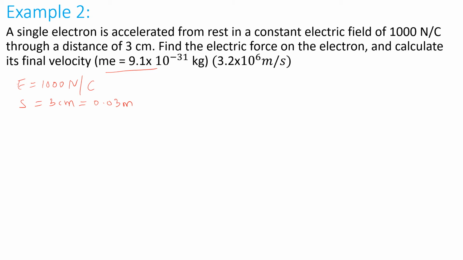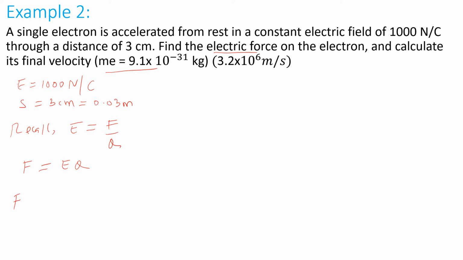So what we are interested in is to find the electric force on the electron. Recall that the electric field intensity is force per unit charge. Therefore, in this case, F is going to be E times charge. And since we are dealing with an electron, we know the charge of that electron.